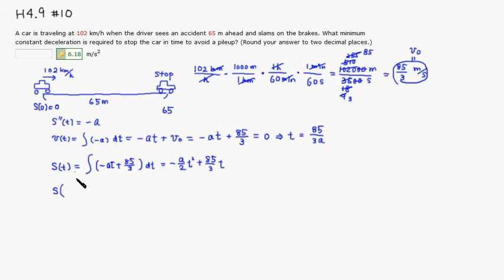So we compute s of 85 over 3a, and this is equal to, right, negative a over 2, then square that, so it's going to be 85 squared over 3 squared, which is 9a squared, then an a cancels out, and plus you have 85 over 3 times t, which is 85 over 3a, so it's going to be 85 squared over 3 squared and a.